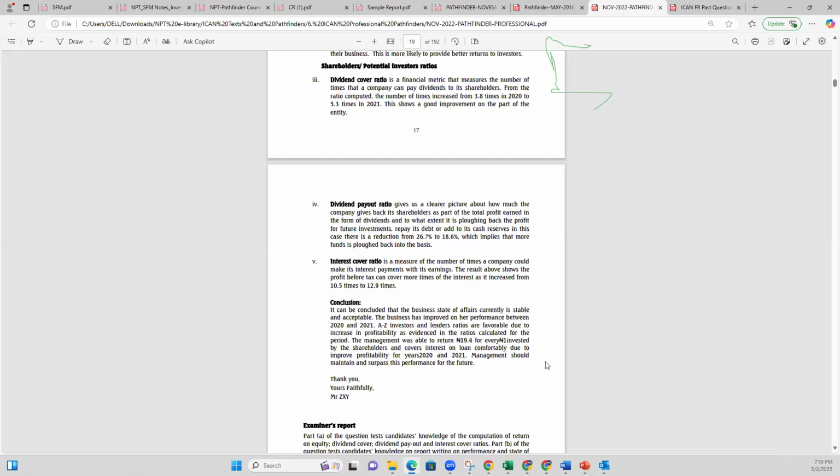A to Z investors and lenders ratios are favorable due to increase in profitability as evidenced in the ratios calculated for the period. The management was able to return 19.4 naira for every 1 naira invested by the shareholders and covers interest on loan comfortably due to improved profitability for year 2020 and year 2021.